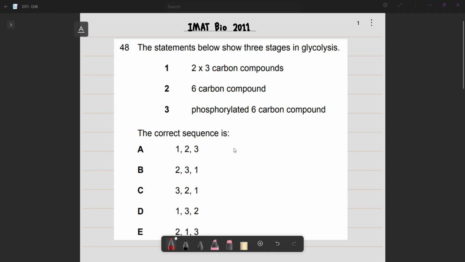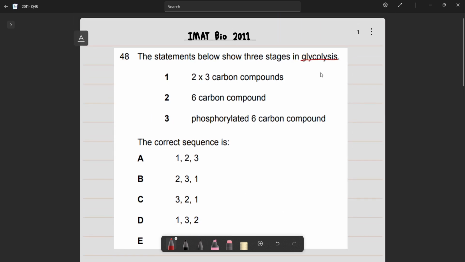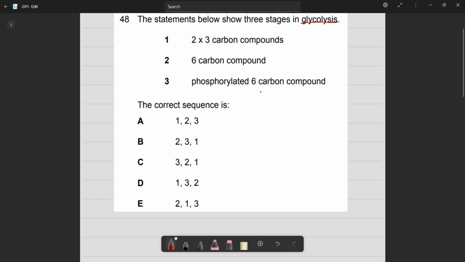Okay, so before we move further, we must recall the definition of glycolysis. Glycolysis is the metabolic process which occurs in both eukaryotic and prokaryotic organisms. Basically, it breaks down glucose.